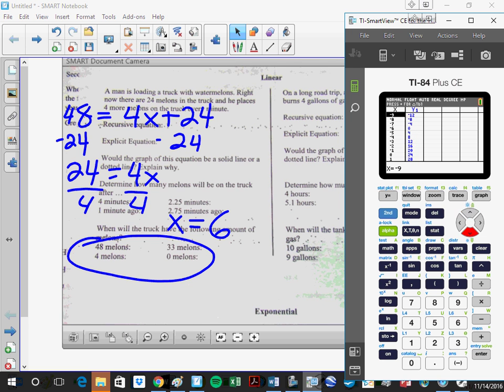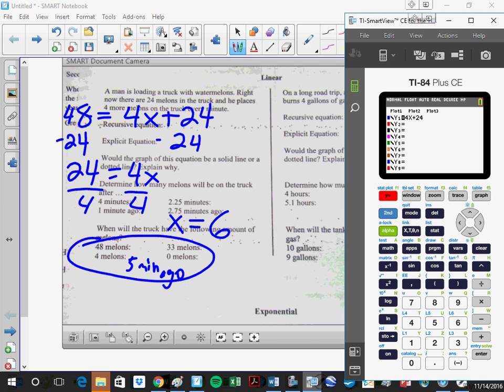How long ago were there 4 melons? Go back to -5 minutes. So the answer to this one is 5 minutes ago. I just plugged it into my y equals and then pushed second table, and I just went around until I found y equals 4, which is -5 for the x.